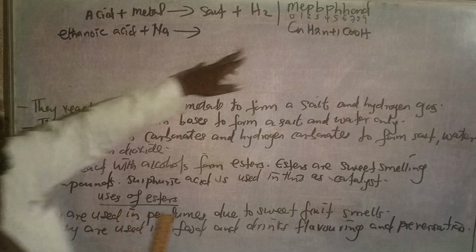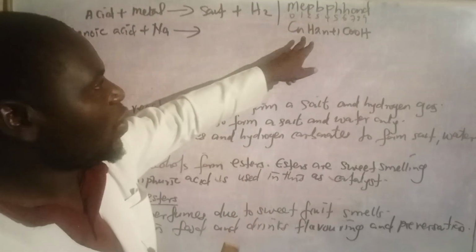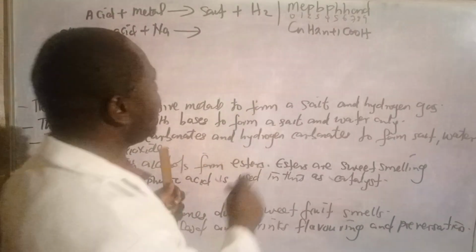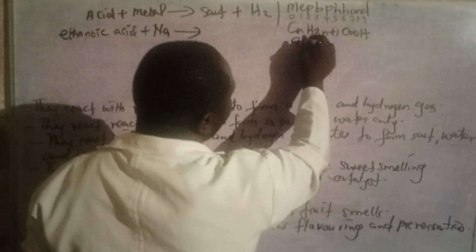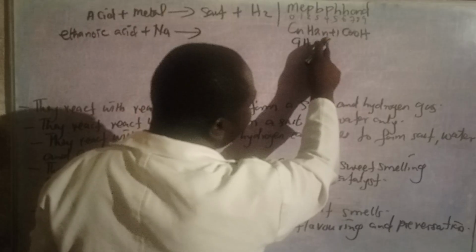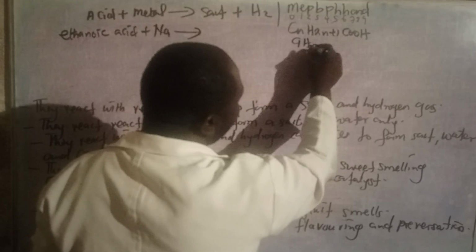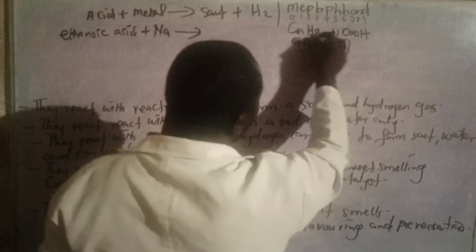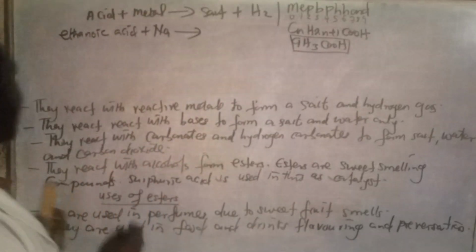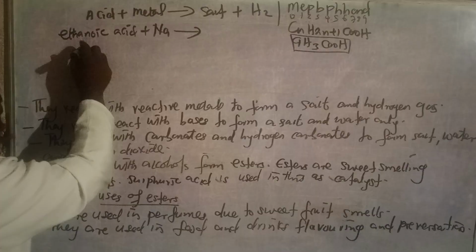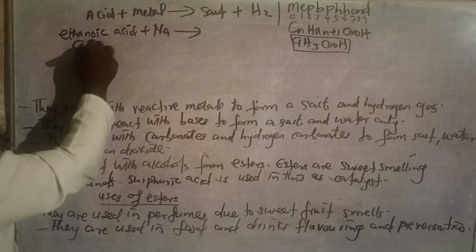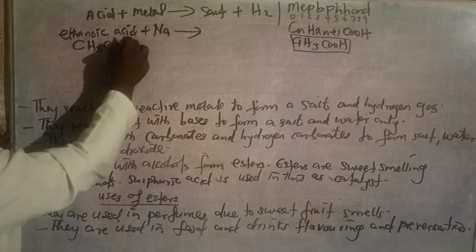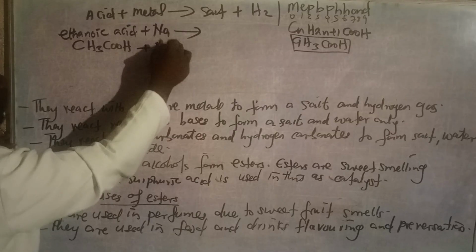Ethanoic acid is number 1, so I'll put a 1 here. The formula is C1 H(2 times 1 is 2, plus 1) 3, then COOH. So the formula for ethanoic acid is CH3COOH, plus sodium.